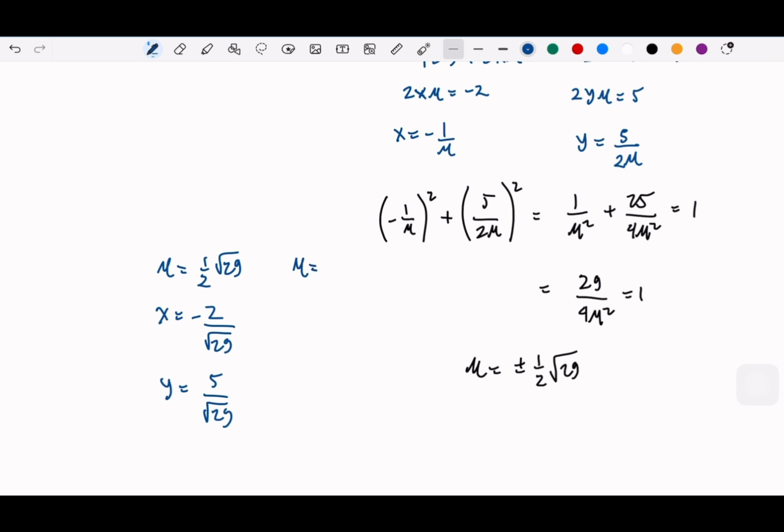When mu is negative, x will be positive and y will be negative.